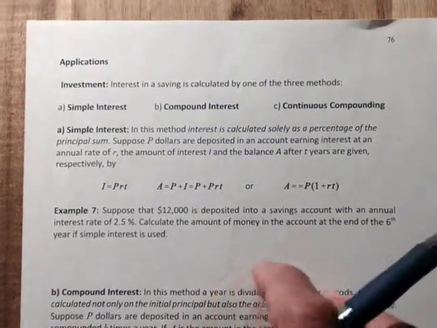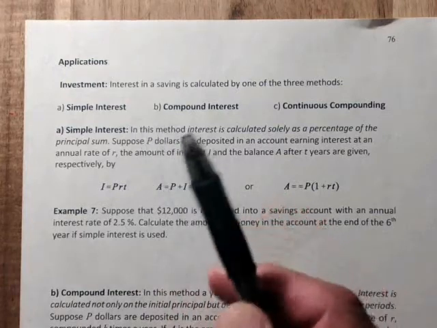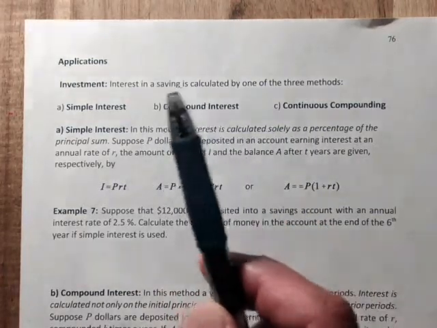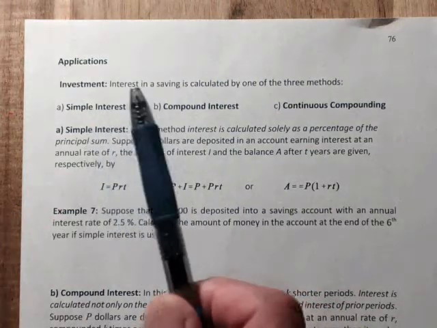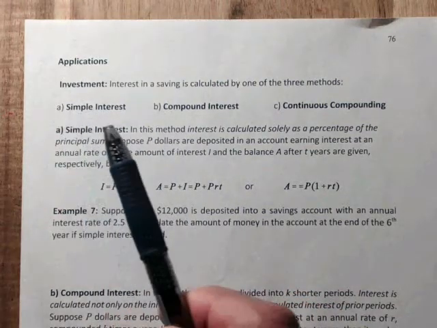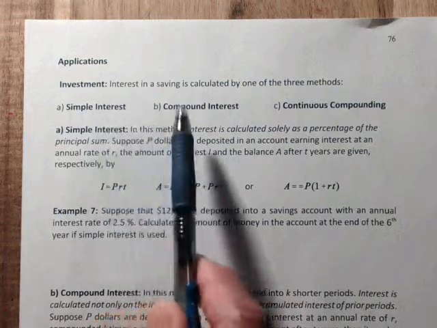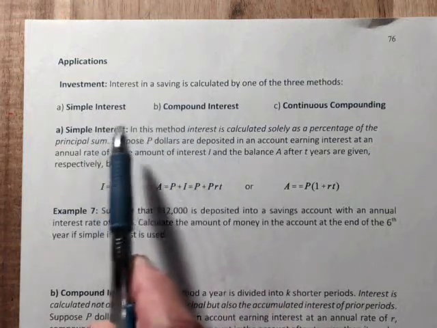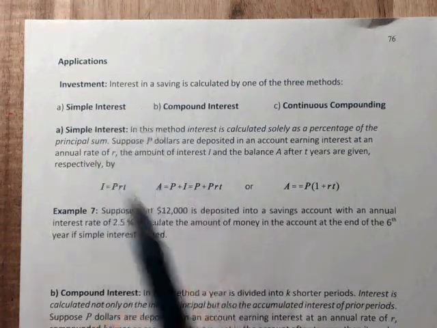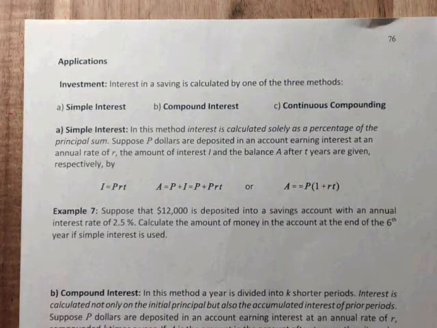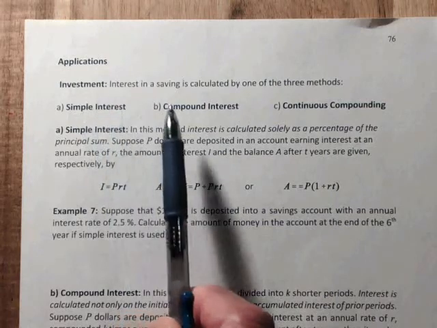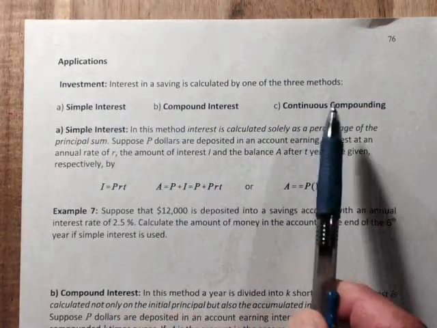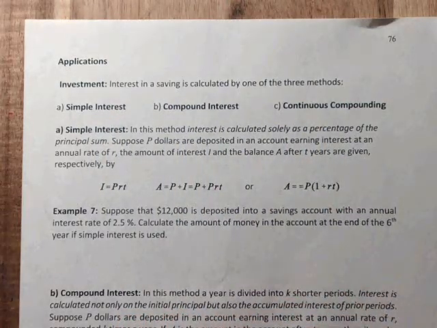So there are basically several kinds of interest you can accumulate on money, either borrowing or investing. We're going to look at 3 different kinds of it in this course. So we have simple interest, we have compound interest, and we have continuous compounding.